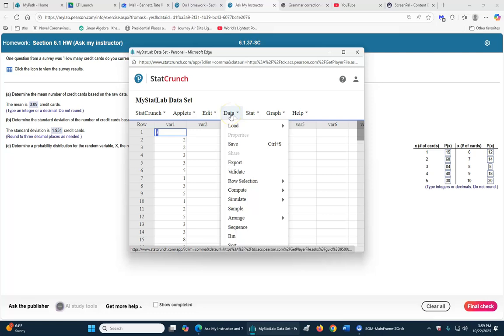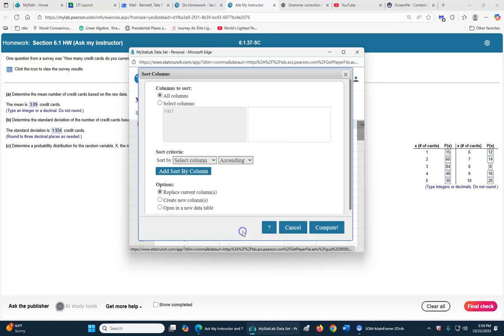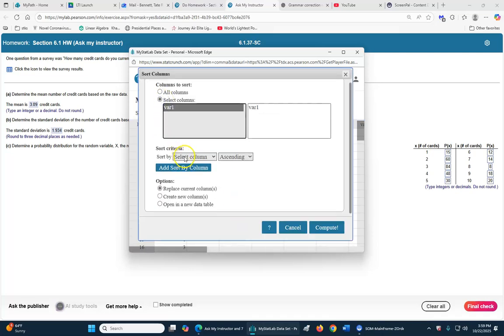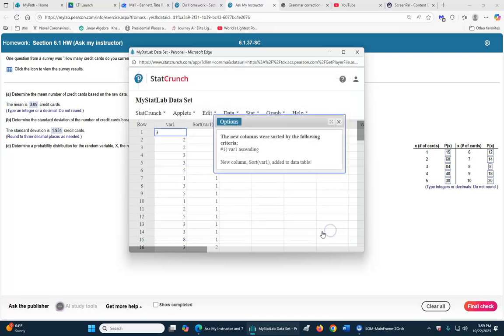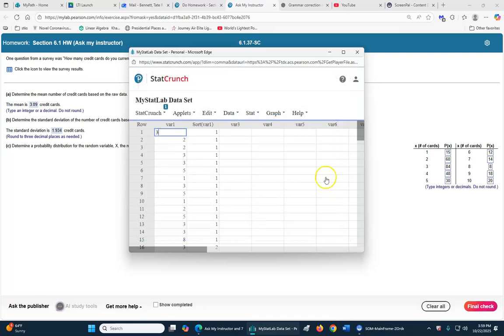I go to Data, I want to sort it. I want to sort the data in this column. I'm going to just create a new column with the data sorted. And so here it's sorted the data, and I can just quickly see how many ones I have.